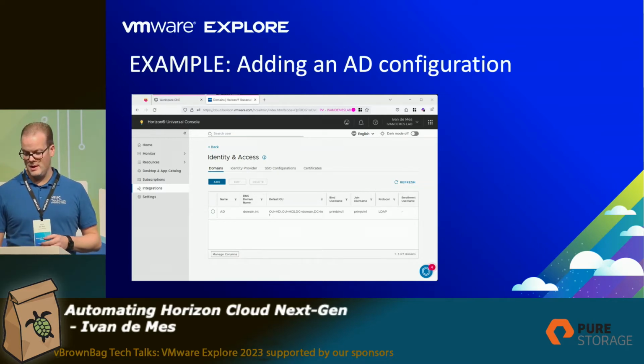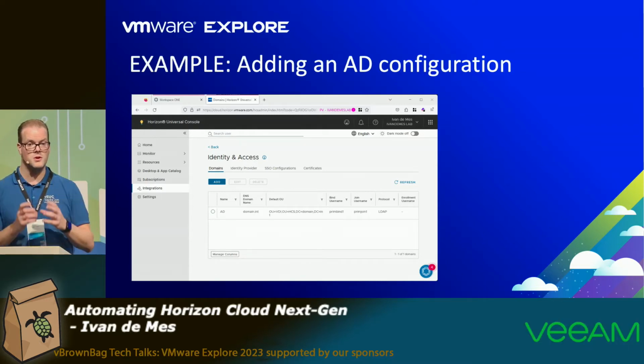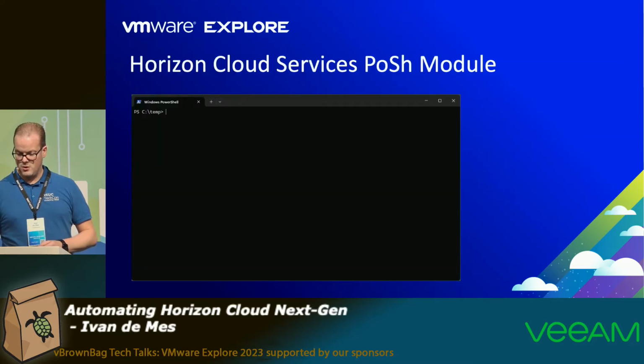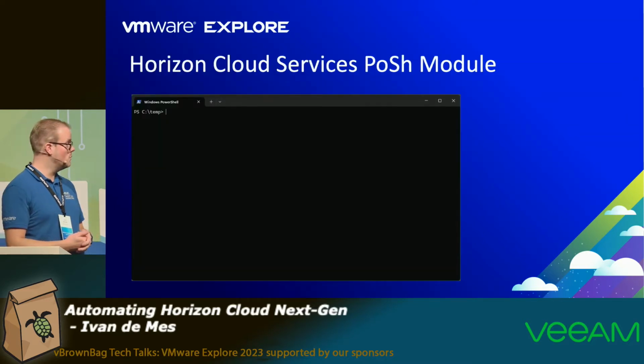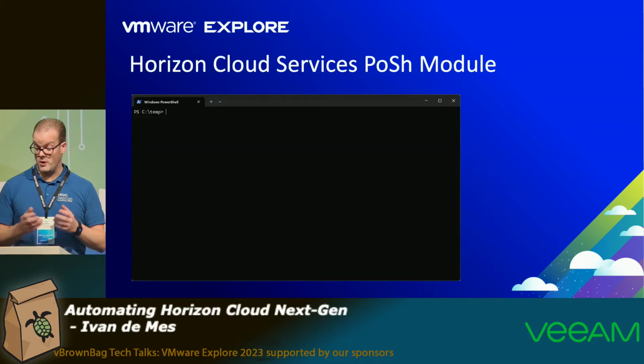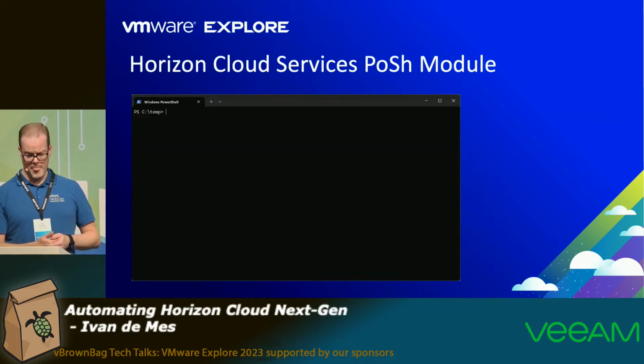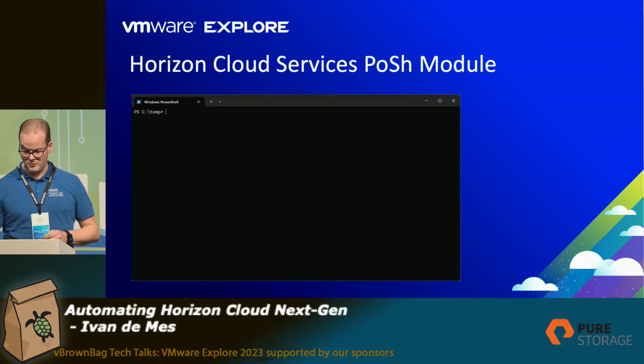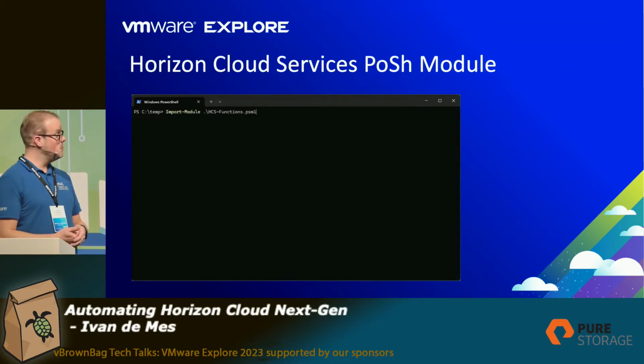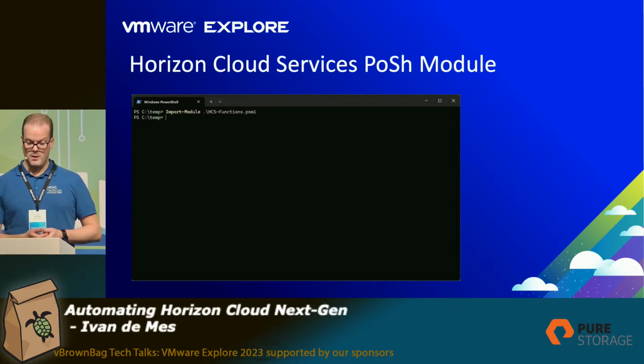I just mentioned a JSON format that you have to specify, and sometimes it can get a little time consuming to construct such a format. So therefore we created a PowerShell module, and it makes it a little bit easier. Simply import the PowerShell module, which is the HCS functions module.